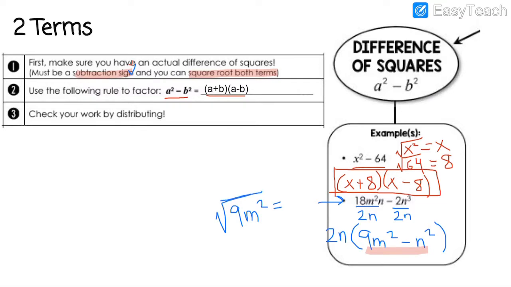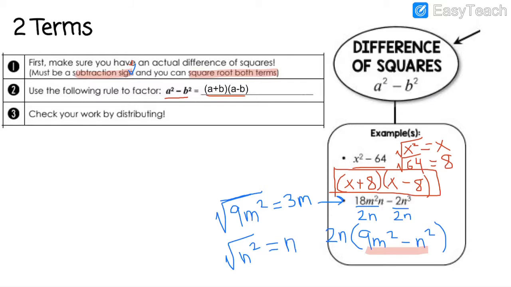So the square root of 9 is 3. The square root of m squared is m. So we can take the square root of that term. And then can we take the square root of n squared? Yes, we can. That is undoing our square, so we are left with just an n.